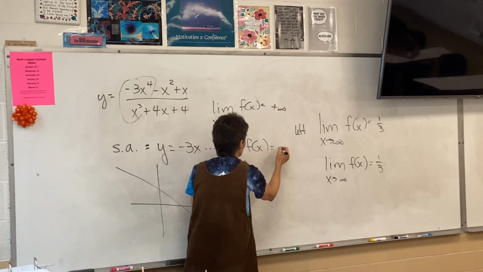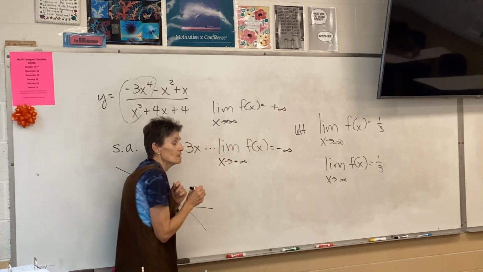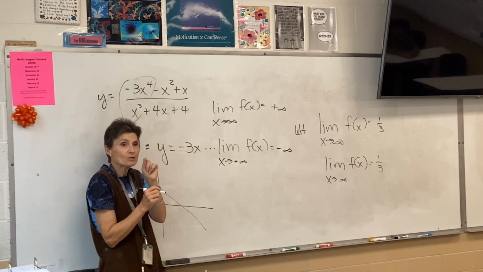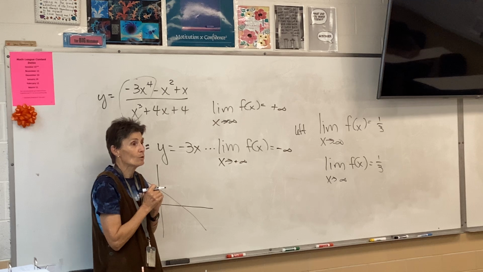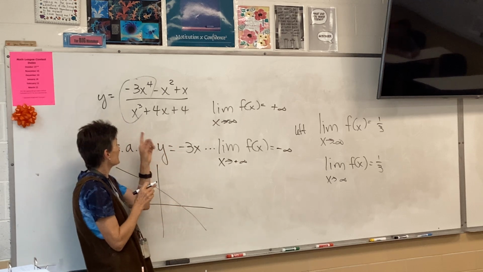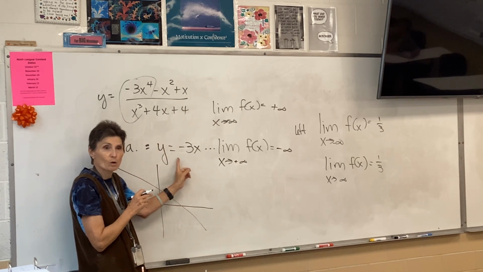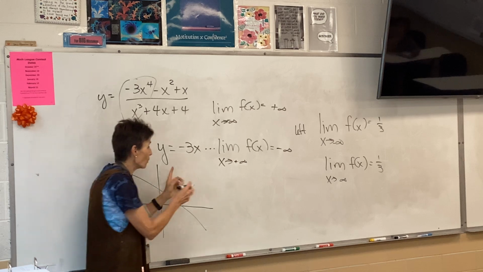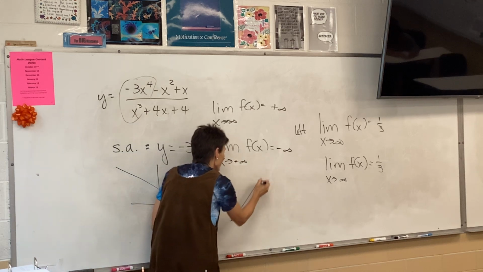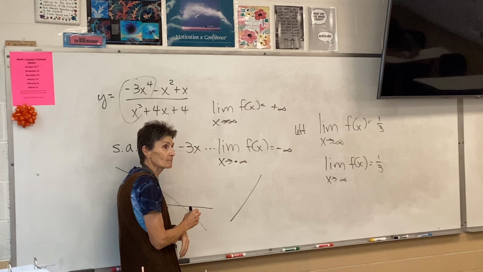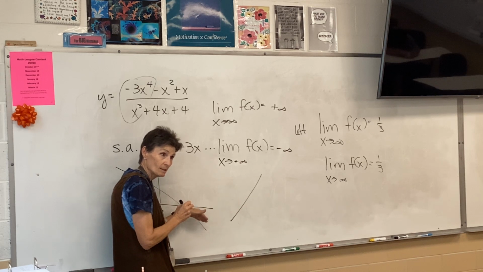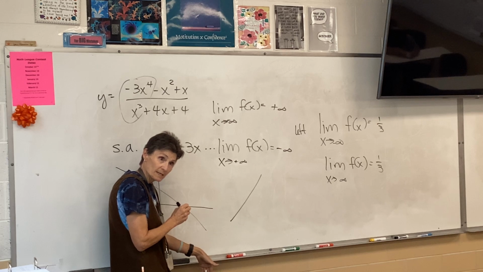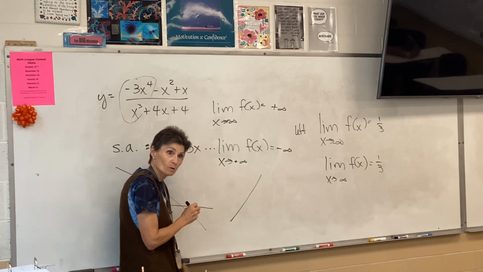They're going down. So you can do the end behavior for slant asymptotes by simply looking at what that asymptote looks like. So if it had had a positive slope and it went up like this, then as we went to the left, our curve would be going down, and as we went to the right, it would be going up.